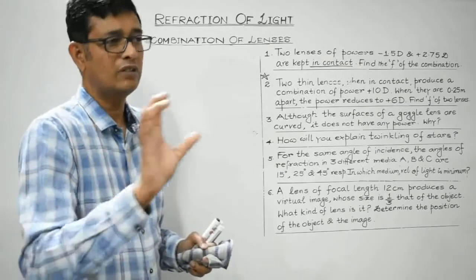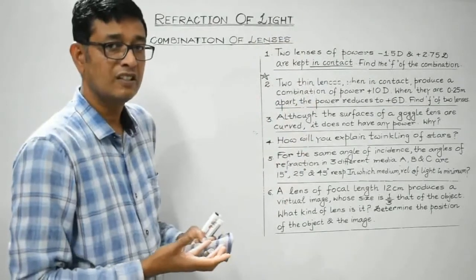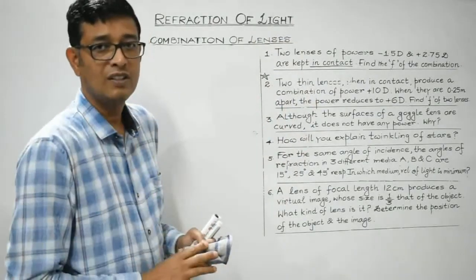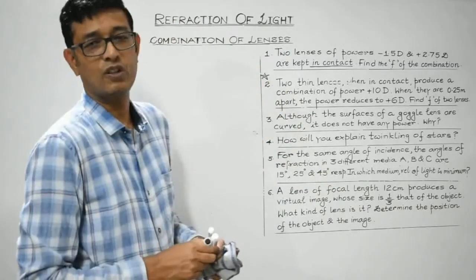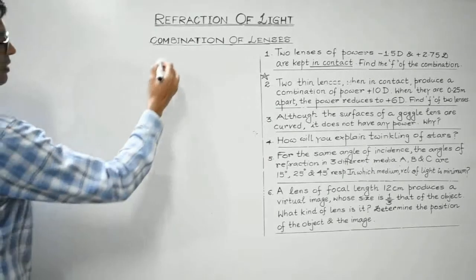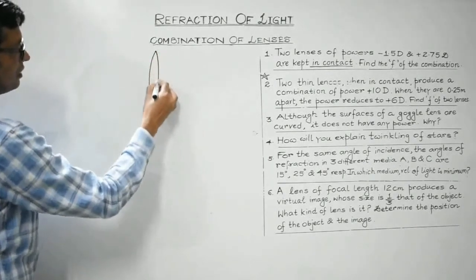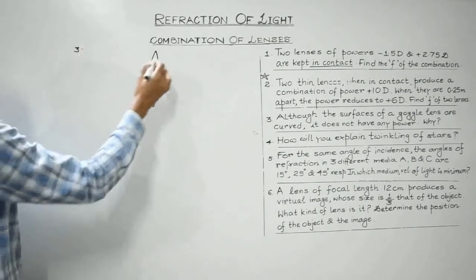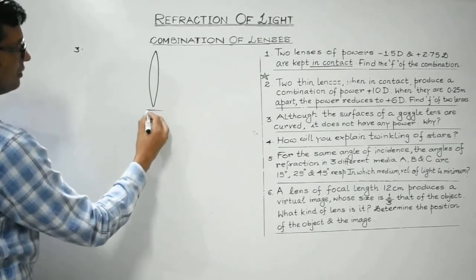Now we know that whenever there is a transparent refracting surface having some curved surface, then it possesses some power. But here, although having a curved surface, its power is zero. That is to be explained. So let me first explain. These are the two lenses basically. This is the convex lens and this is the concave lens.